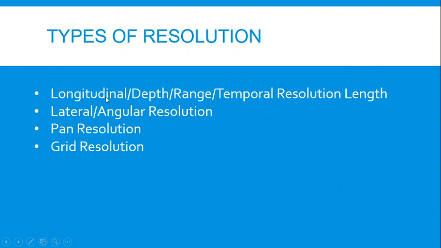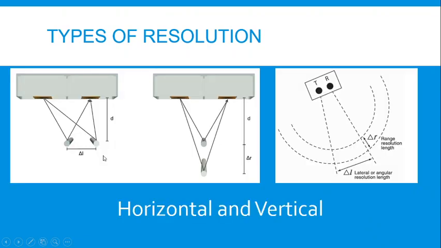Whether we call it longitudinal or depth or range or temporal, all are the same. And the same goes for the lateral or the angular resolution. Then we are going to talk a little bit about the span resolution and the grid resolution.